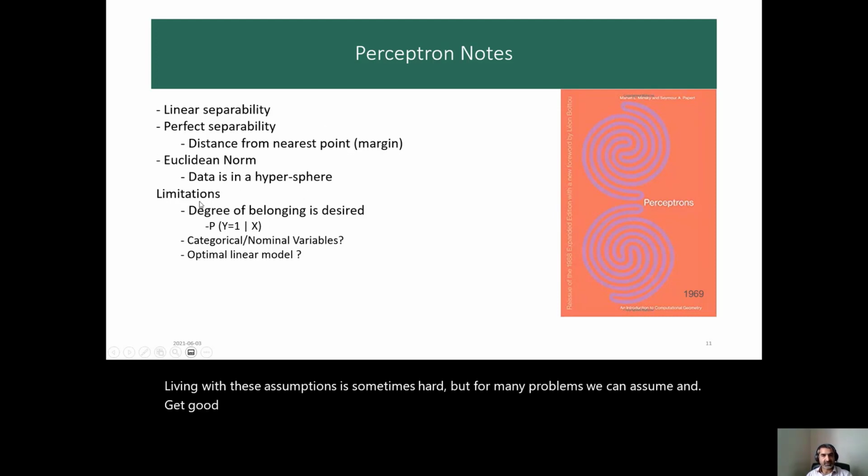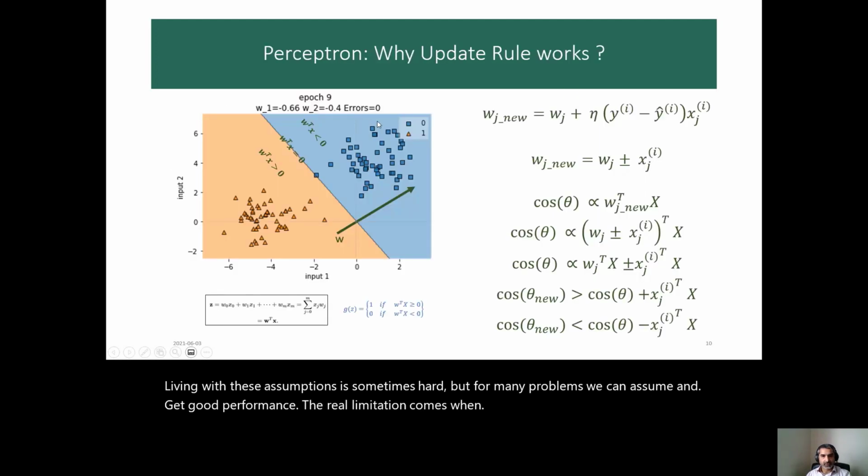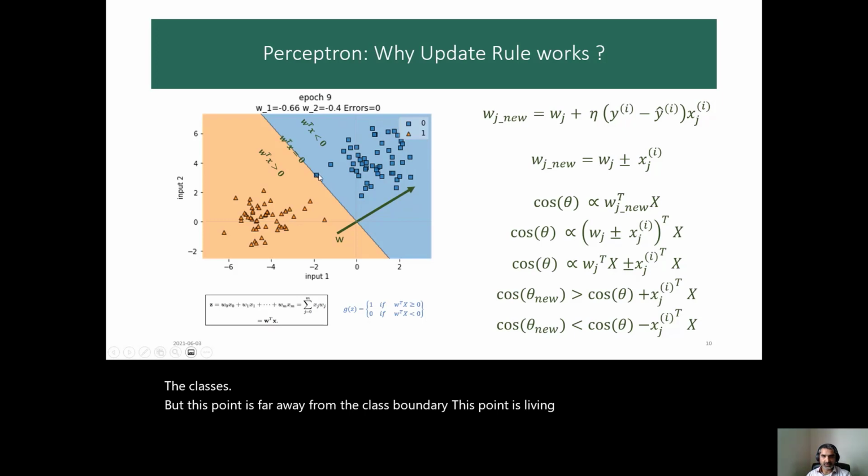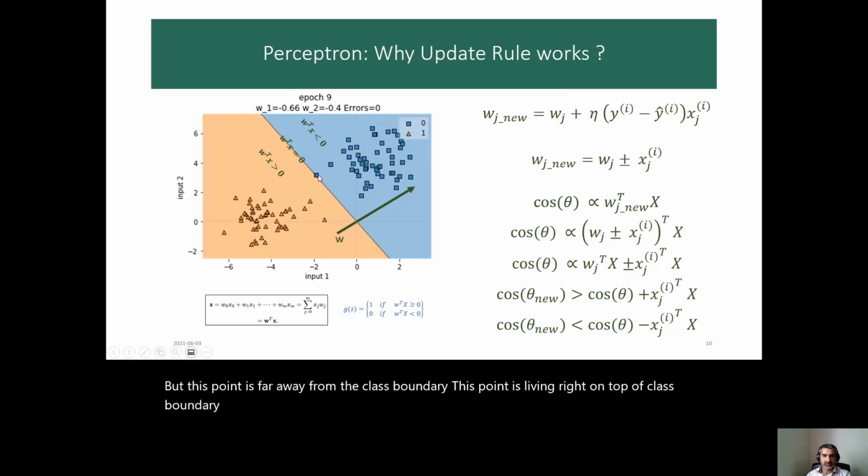The real limitation comes when, let's say, for this point and for this point, the class is 0, but this point is far away from the class boundary, while this point is living right on top of the class boundary or in the neighborhood, almost less than one margin.